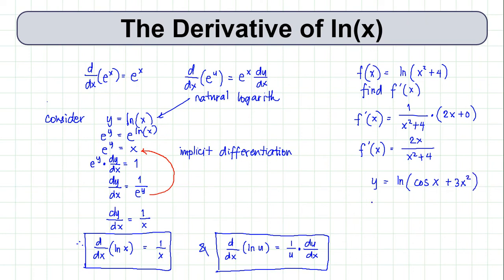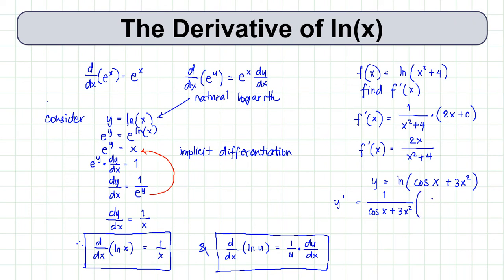No? So, sa pagkuha ng y prime, ganun pa rin. Y prime is equal to 1 over, sulat lang natin maayos, 1 over itong buo, cosine x plus 3x squared, times the derivative ng nasa loob.